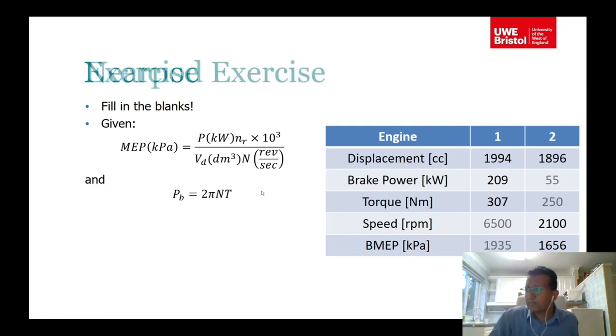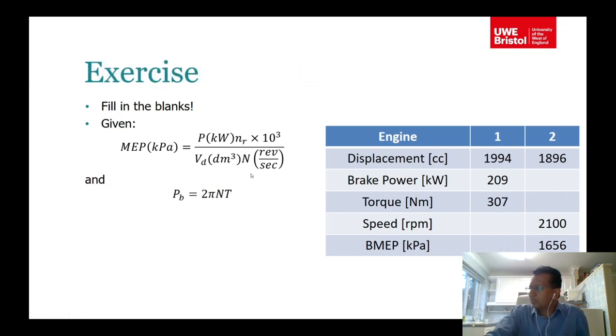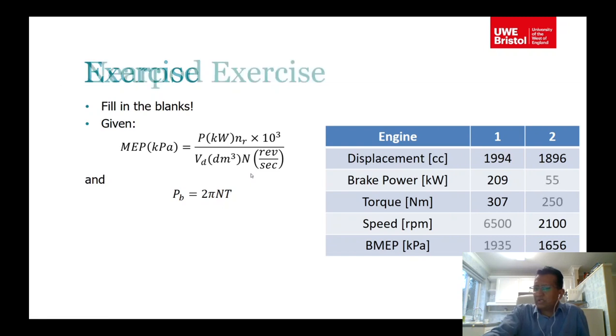Okay. So your answers should be, speed should be 6,500 for the first engine, and BMEP should be 1935. And for the second engine your brake power should be 55 and your torque should be 250.